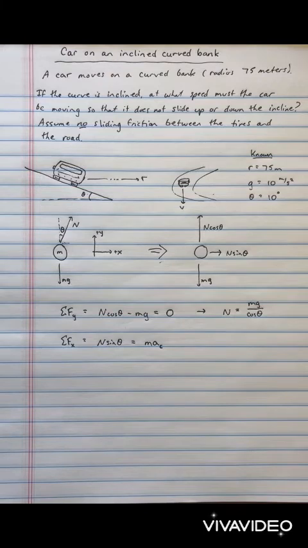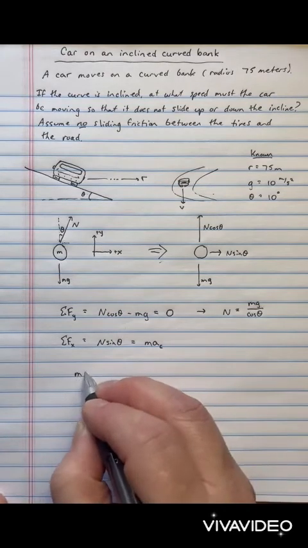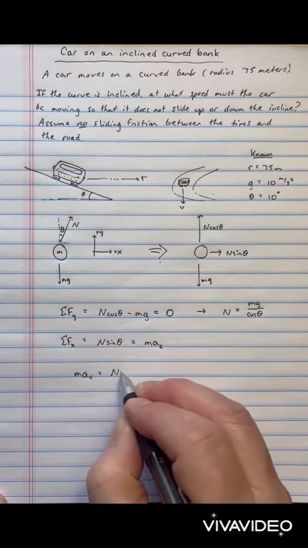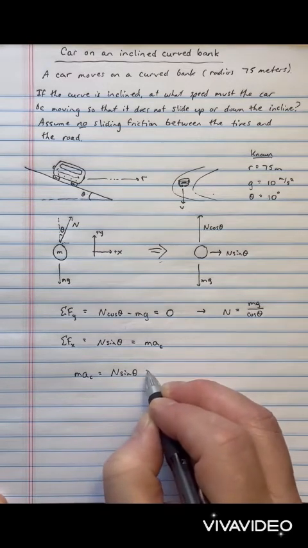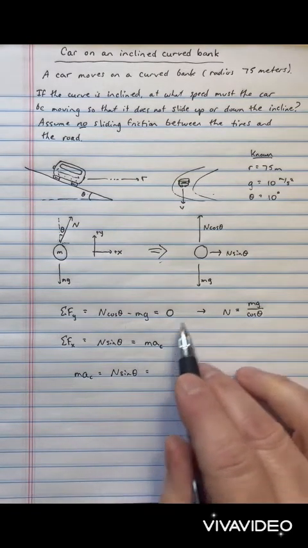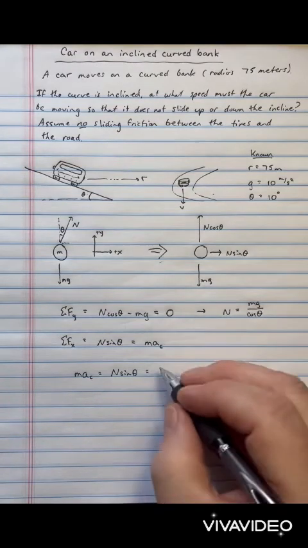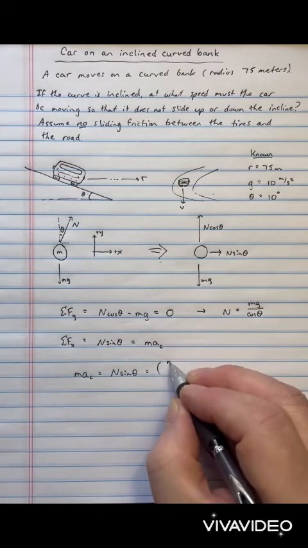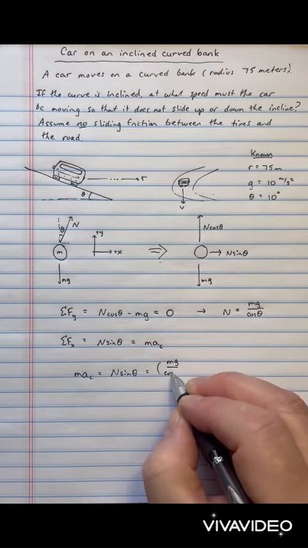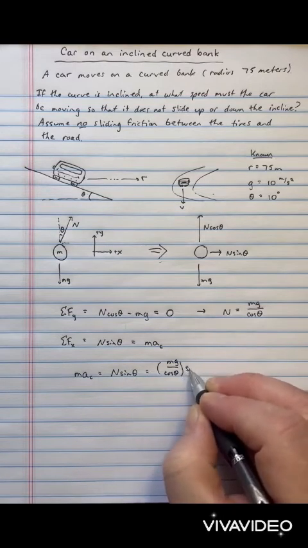So first off, let's compare the two equations we've set up and see if we can solve for the centripetal acceleration. Mass times centripetal acceleration equals N sine theta. But N from the first equation is mg divided by cosine theta, times sine theta.